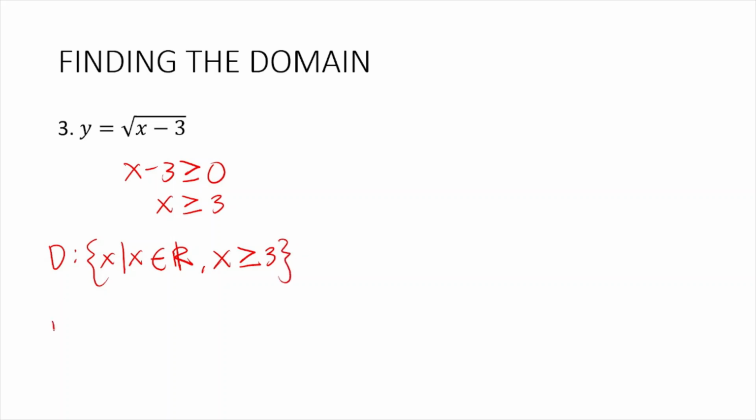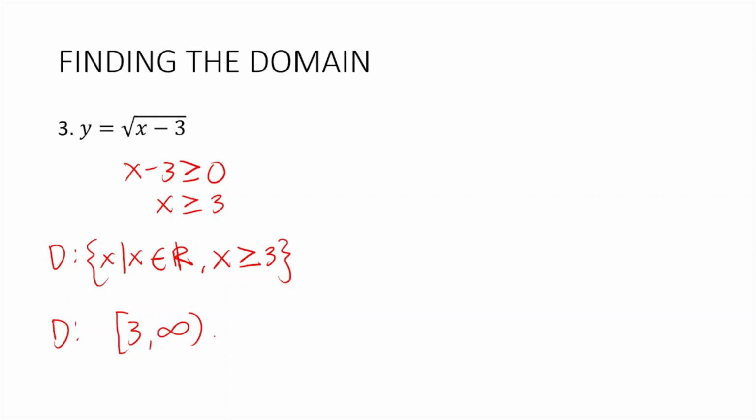Or using interval notation, that would be from positive 3, and since we have an equal sign here, it includes 3, so we'll be using a bracket, an open bracket for this one because it includes 3. And then from 3 to positive infinity.